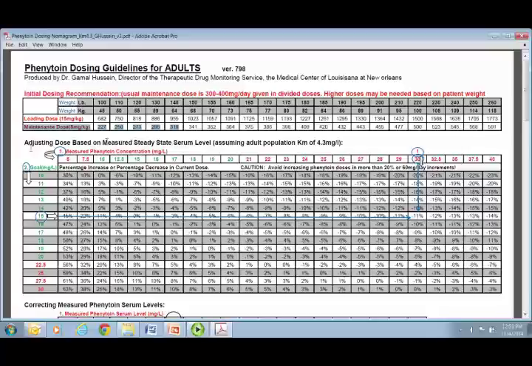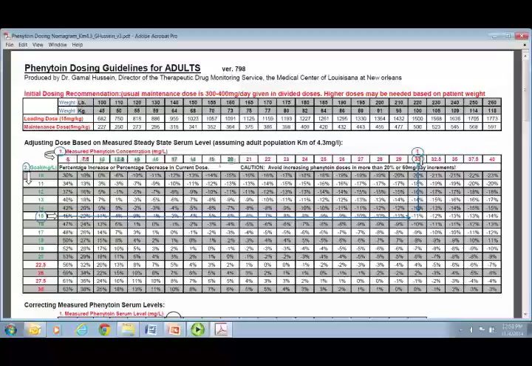If you have one level at steady state, then we are adjusting the dose based on measured steady state serum level. If we use population Km of 4.3 milligram per liter, then we start by step 1 here, the measured phenytoin concentration, and we pick a number from here. What is the measured phenytoin?